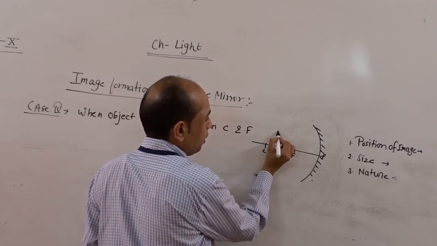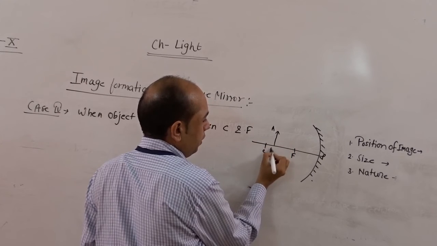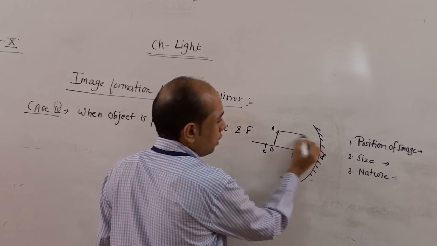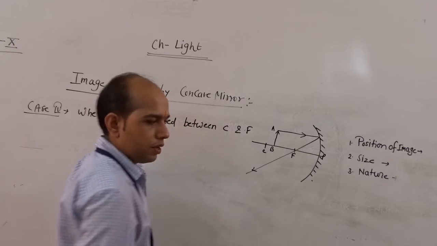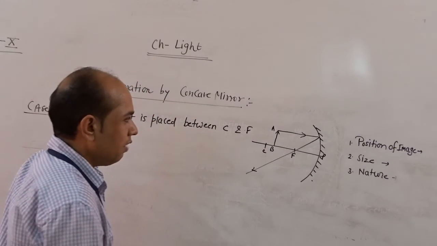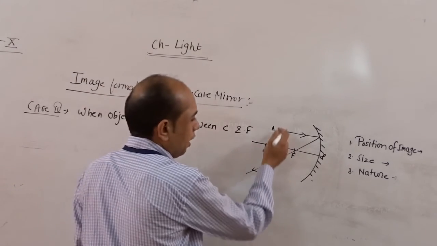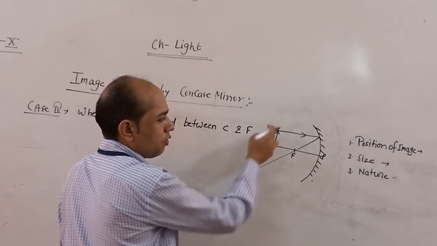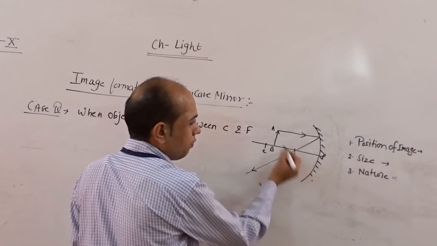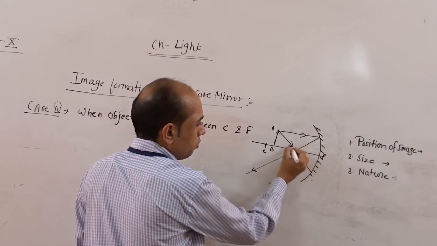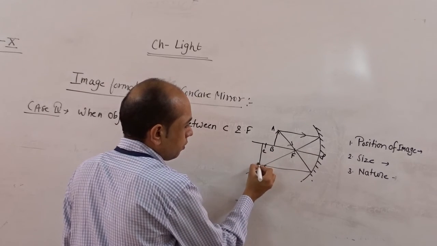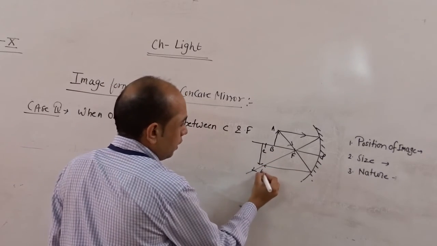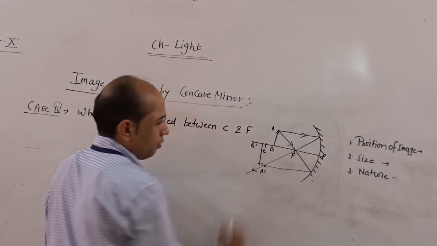So I place one object A and B. Now the first ray, parallel to the principal axis, always passes through the focus. For the second ray we have one option: either we draw it from the center of curvature or it passes through the focus. So it is also possible. So this indicates here A dash and B dash.